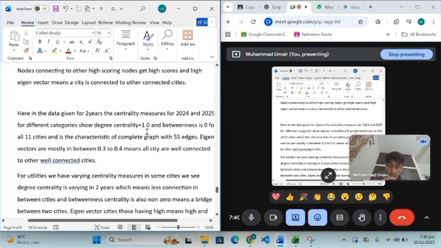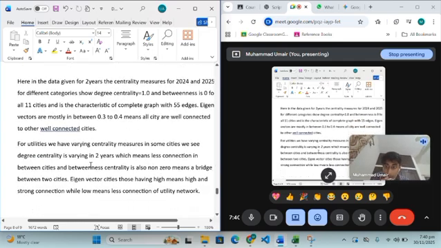We see that the degree is 1 and betweenness is 0 for all 11 cities and 6 categories, but for utilities we see that there is less connection between cities, and betweenness centrality is also non-zero, which means it is acting as a bridge.